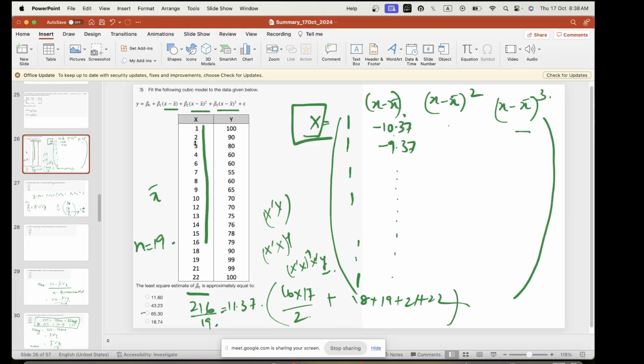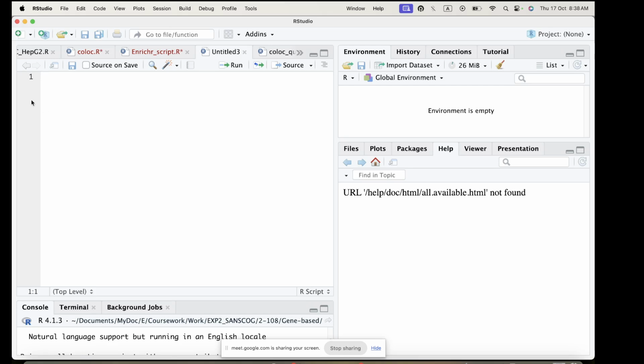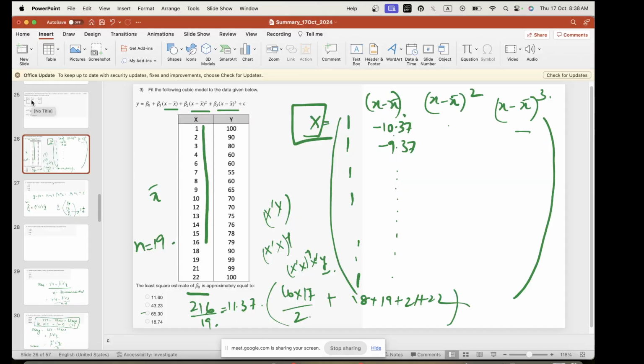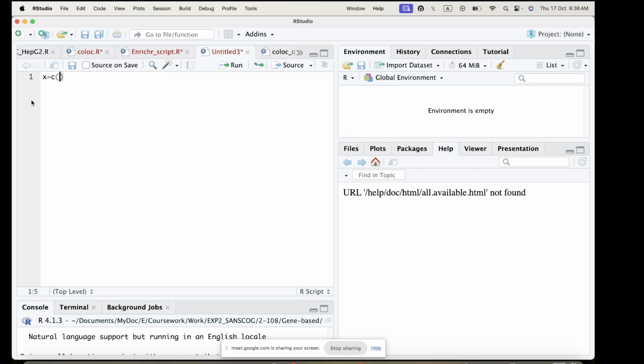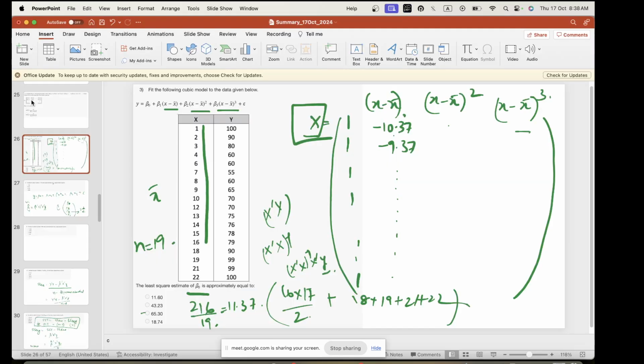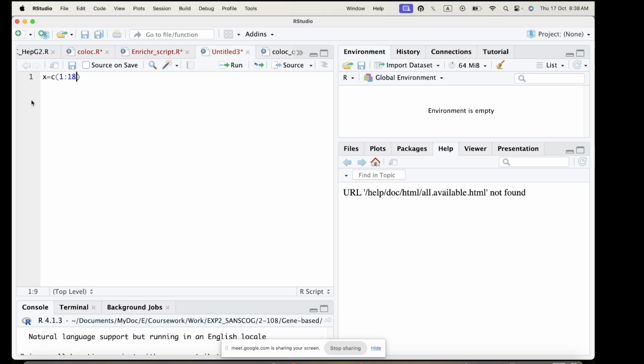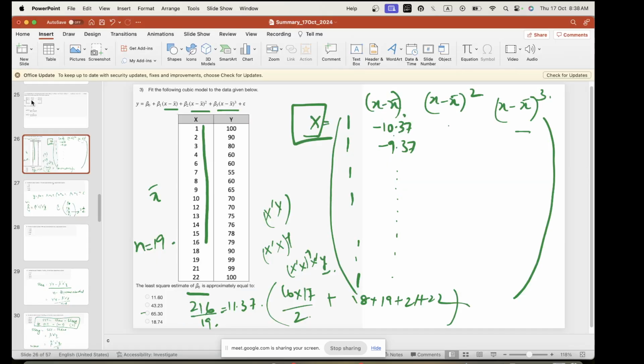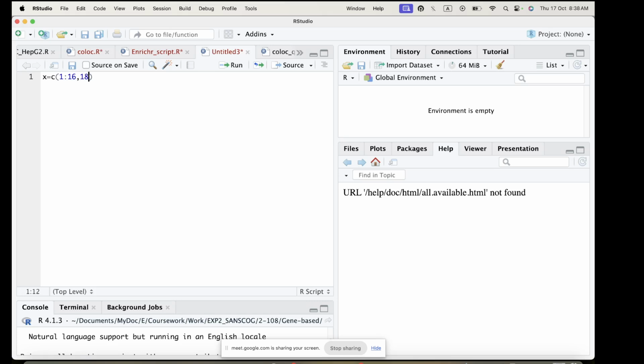So let's say I just want this input. Can you tell me what were the values in order? Okay, sure, ma'am. 1 to 16, then we have 18, 19, 21, 22.